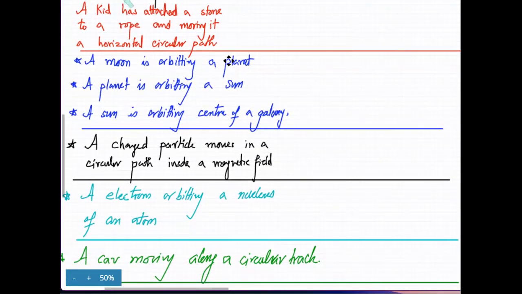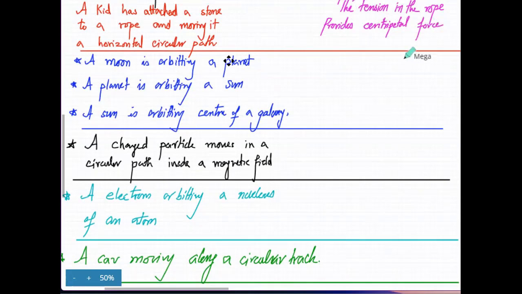Answer is the tension in the rope provides centripetal force.